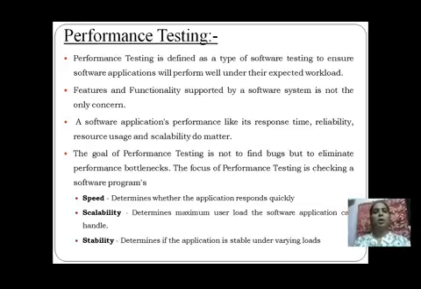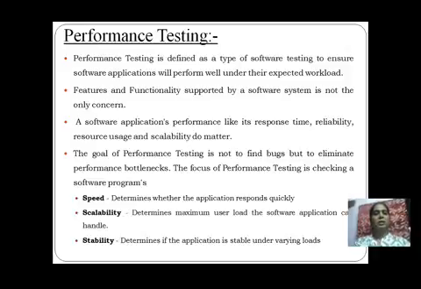Some are system requirements, some are business requirements, some are customer requirements. So whatever applications we have developed, we need to consider whether they are reliable as per the customer's requirements or not. That is the reliability we need to consider.